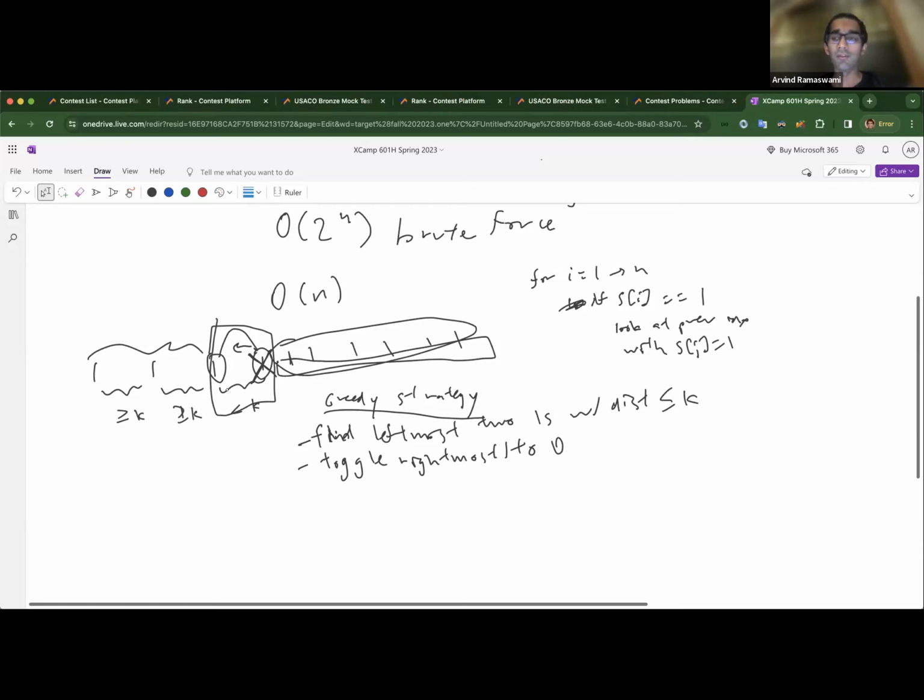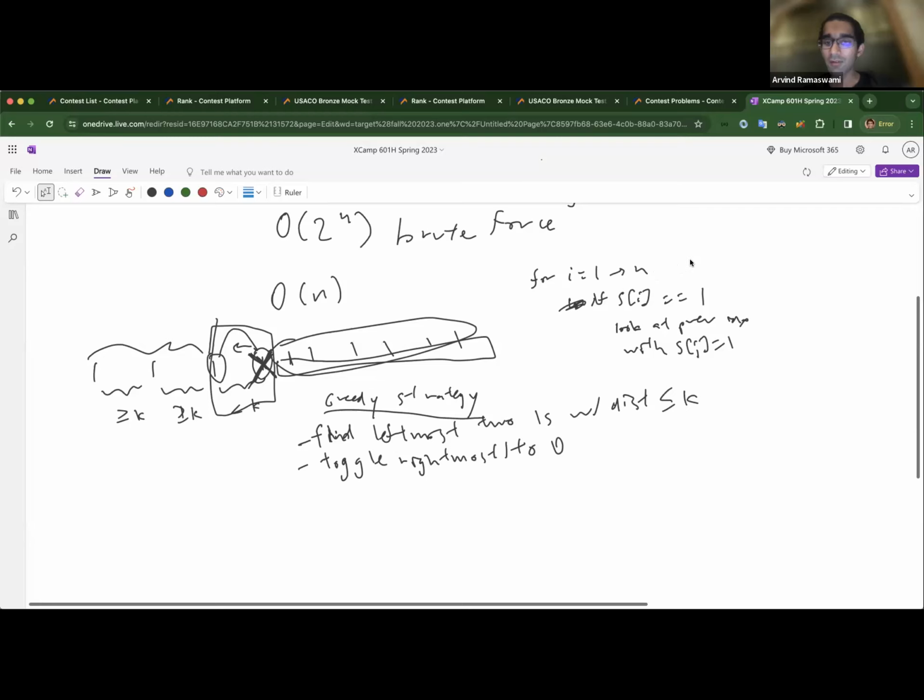If you change this one to 0 instead, then they'll have shorter distance to this one. So if you ever have a pair that's less than k, you always want to delete the rightmost one. And note, this is the leftmost pair of ones with distance less than k.